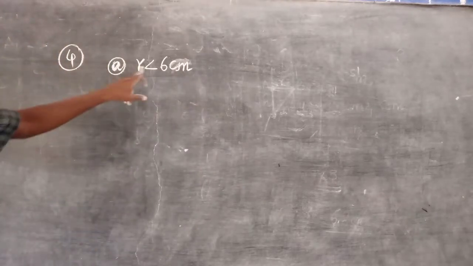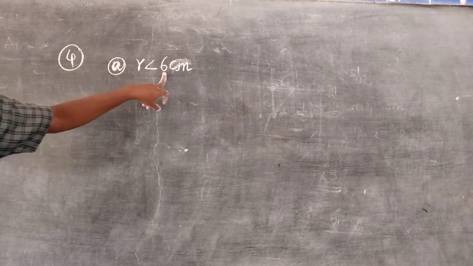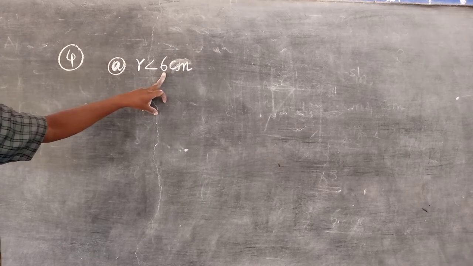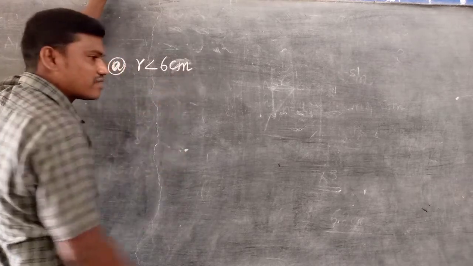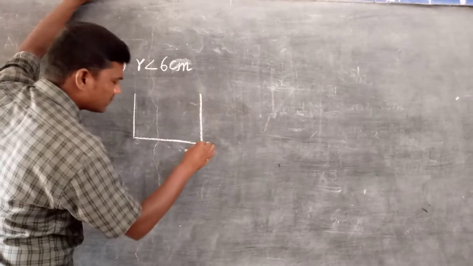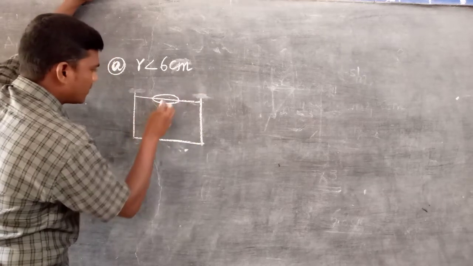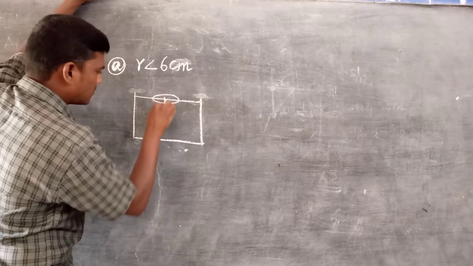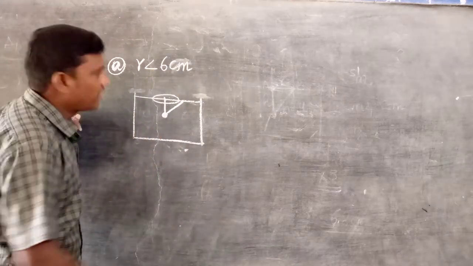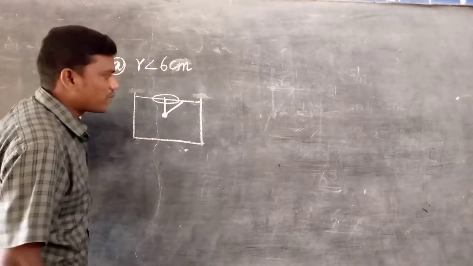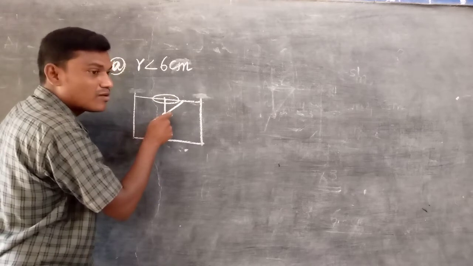Simply, the radius of the disc is less than 6 centimeters, which is the length of the needle. Understand? The radius of the disc is less than the length of this one. Then what will happen?